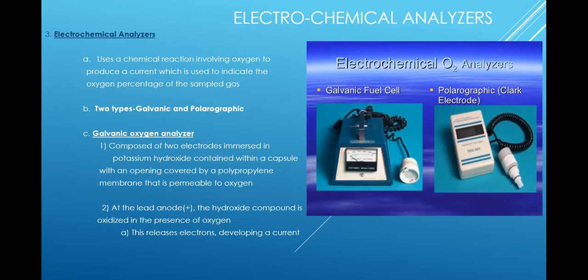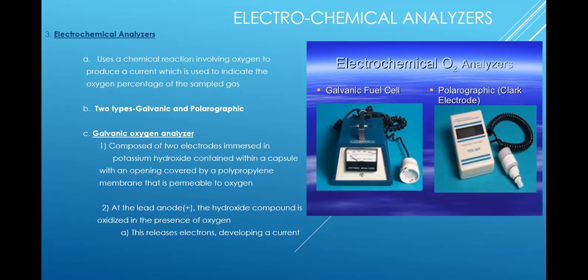Okay, now let's look and see how they work. The electrochemical analyzers use a chemical reaction involving oxygen to produce a current, which is used to indicate the percentage of the sampled gas. Then the two types are the galvanic and polarographic. The galvanic oxygen analyzer is composed of two electrodes immersed in potassium hydroxide, contained within a capsule with an opening covered by a polypropylene membrane that is permeable to oxygen.